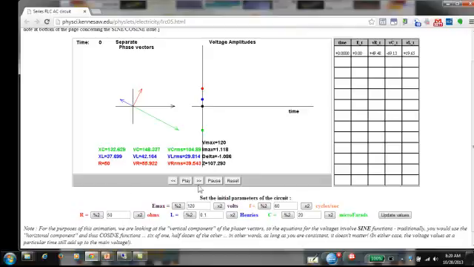Now, look at the maximum voltages. VC max is XC times I max. VL max is going to be XL times I max, etc. The RMS values are the max values over square root of 2. Notice the overall maximum voltage across the generator.